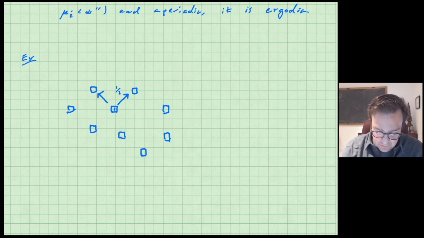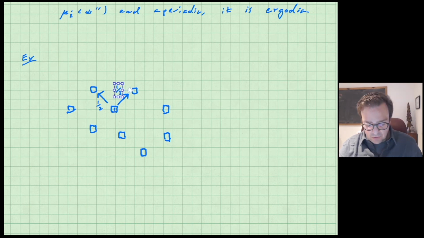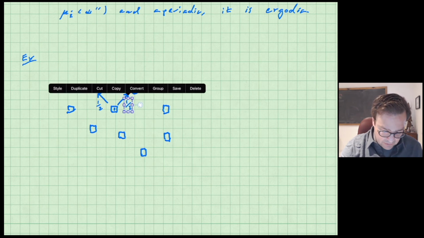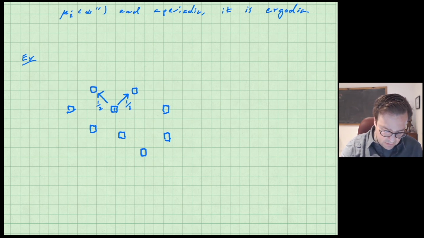There's a probability of a half for going in either direction away from state 1. Now let's suppose all the other states are linked like this, and each of these arrows has a probability of 1. I won't write all those different ones.